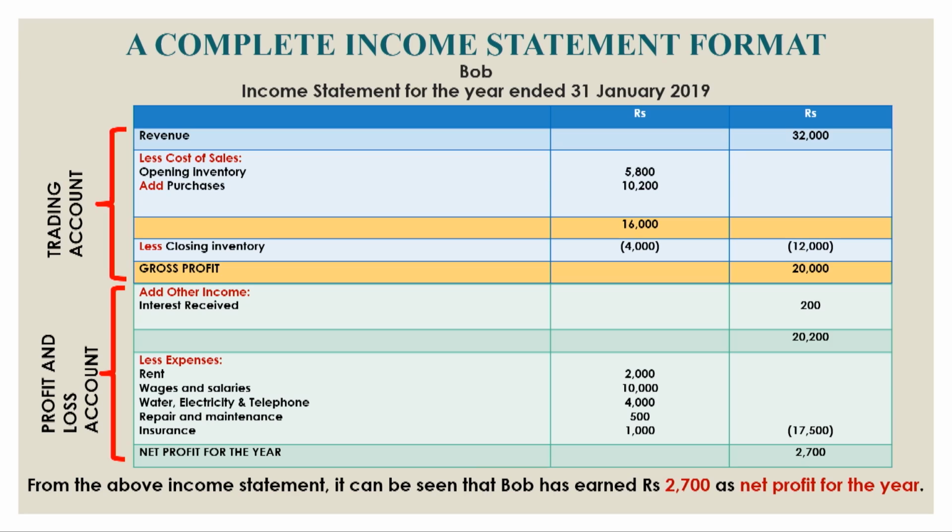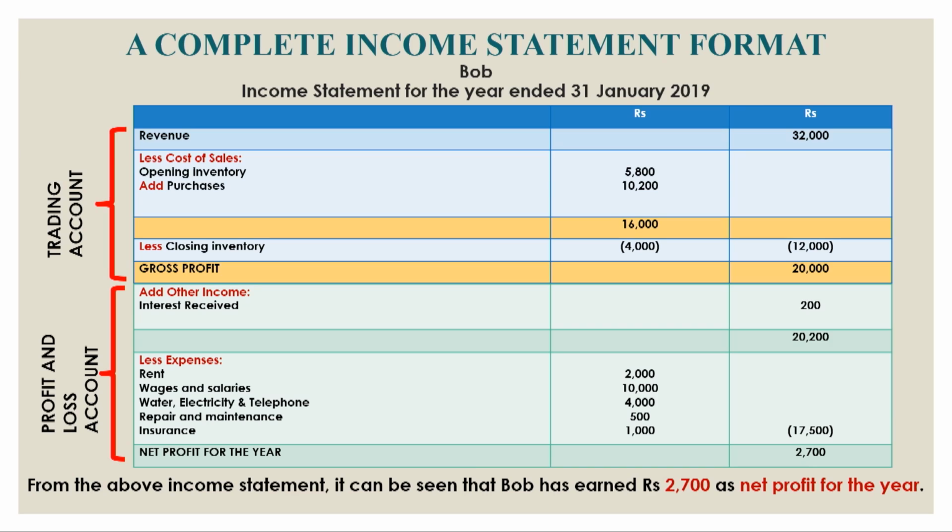The income statement has 3 columns. The first column is to write the details, and the 2 last columns are to record the amounts. The first item in an income statement is revenue. Here, revenue is 32,000 rupees, and the amount is recorded in the last column.